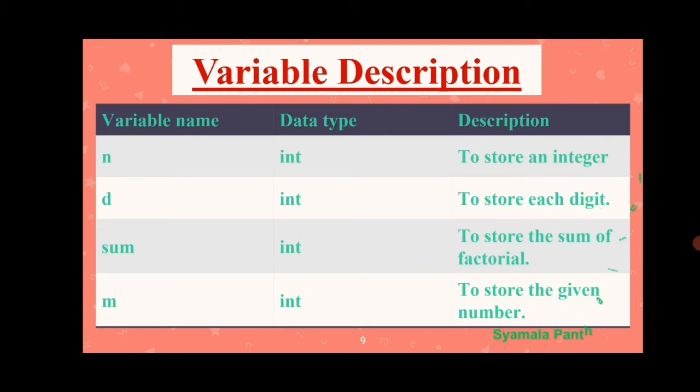Now I would like to teach the program for this palindrome number. The program is hash include stdio.h. Here we are including this header file to run the input and output functions.